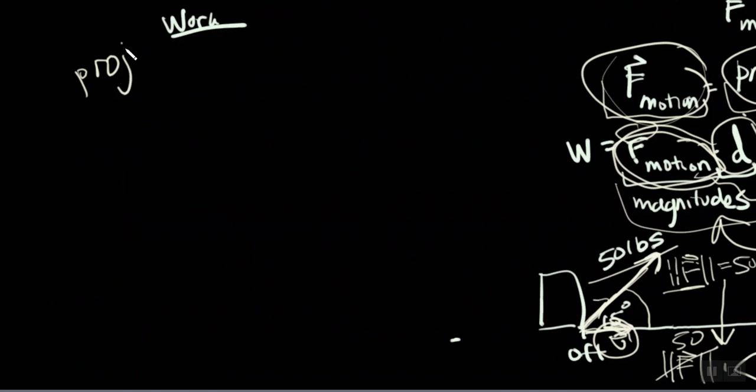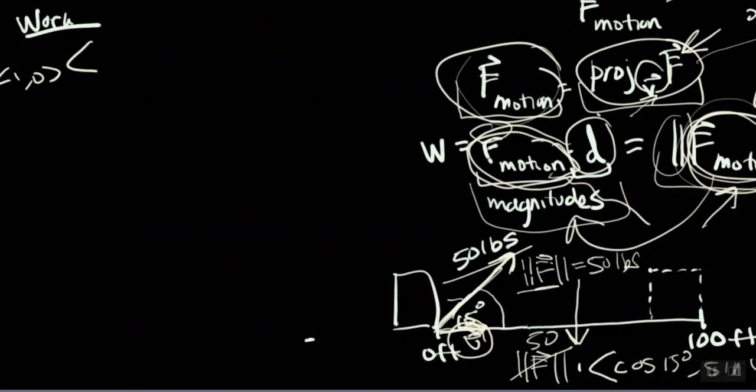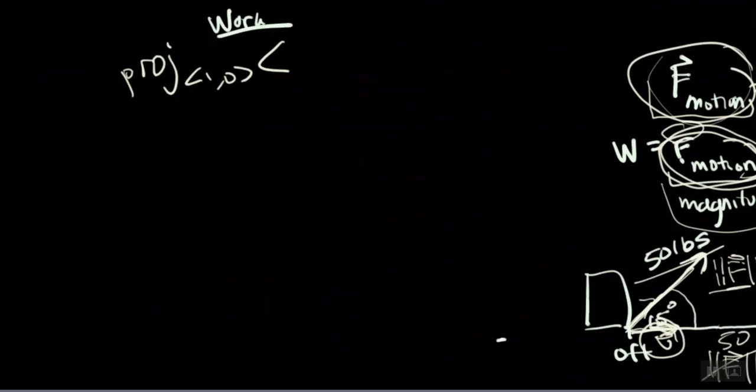The projection of 1, 0 and the force vector is going to be 50 cosine 15 degrees, 50 sine 15 degrees, and this will be equal to, well, let's multiply this out.